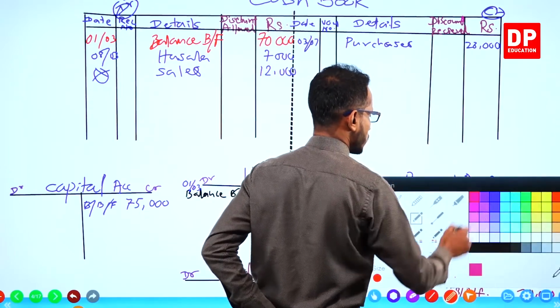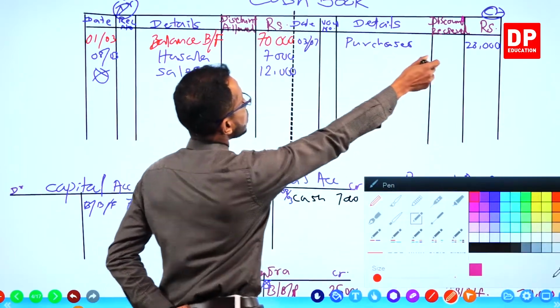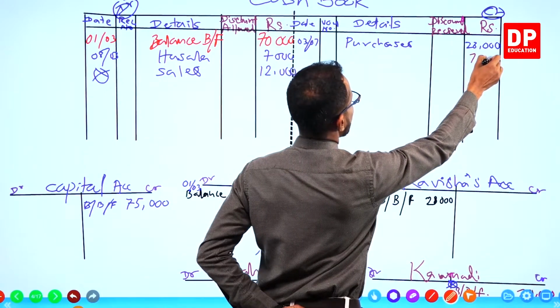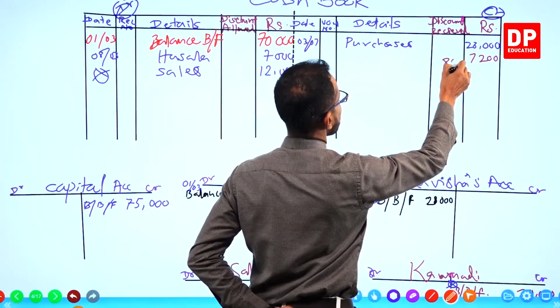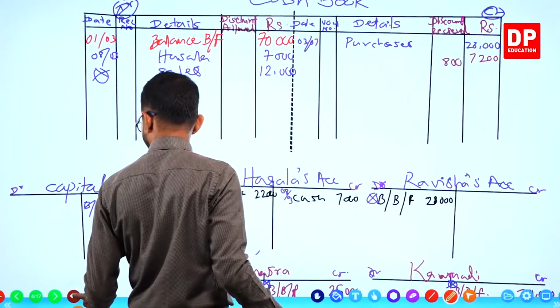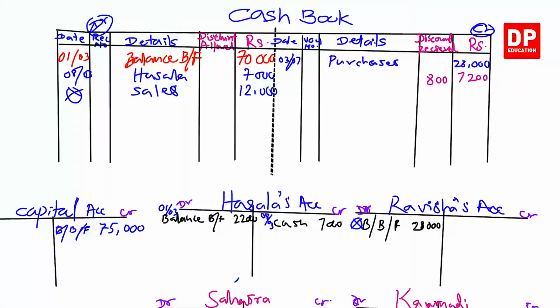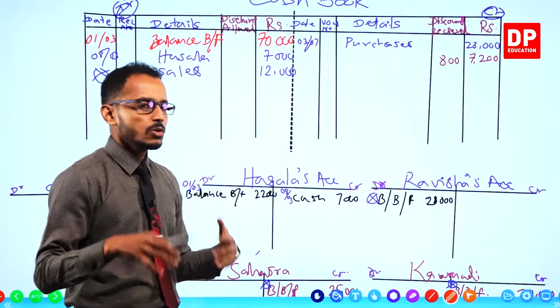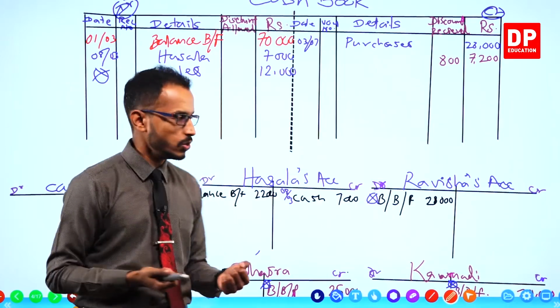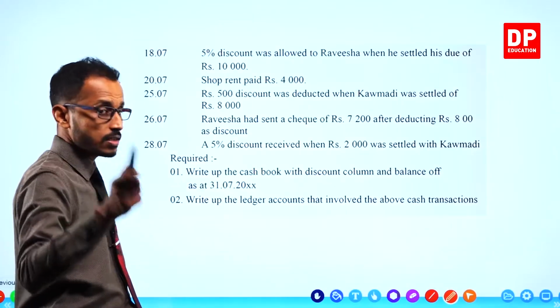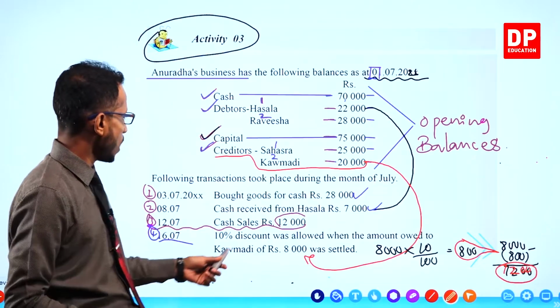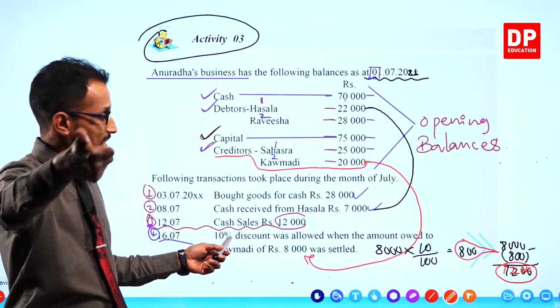I'll mention this with a different color. 7,200 is the amount paid, 800 is the discount. 7,200 is the amount paid, 800 is the discount deducted. Well, it is a discount received to us. Although in the transaction it says discount allowed, what they say is in a passive voice.